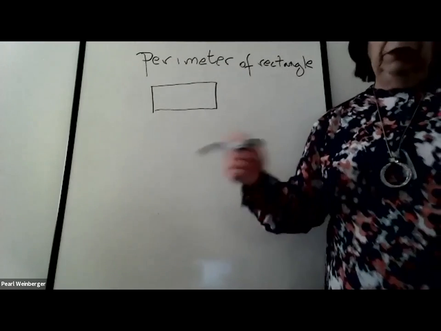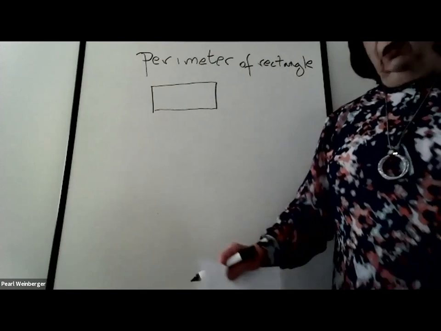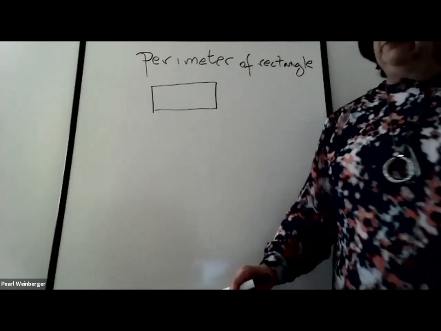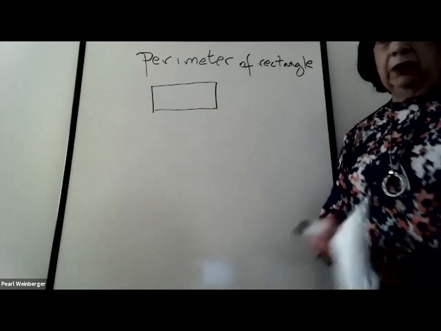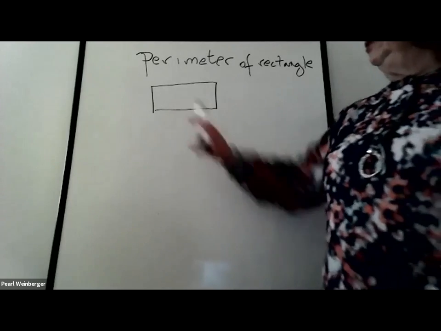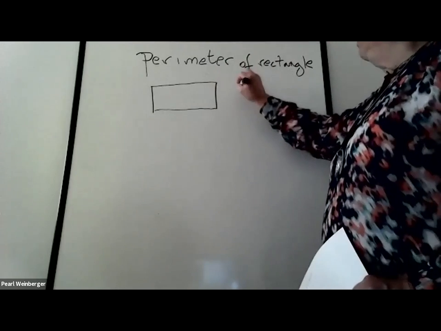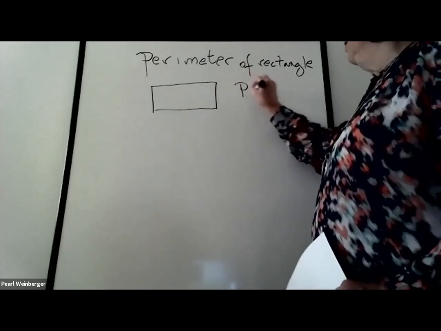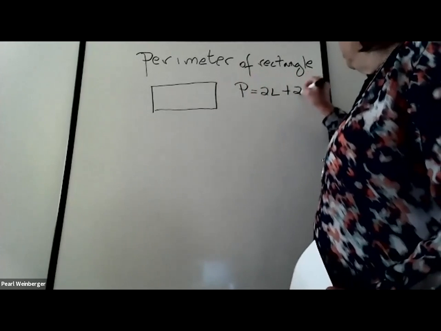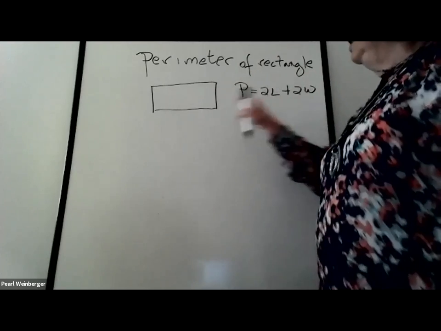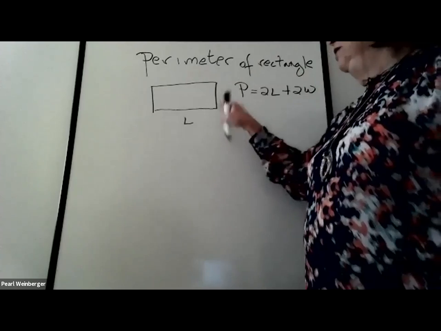That's what perimeter is about. A little later in the course, we'll talk about the area, which means if you wanted to put flooring on the bottom of your room, that would involve area. Today, we're just talking about perimeter. And the basic formula for the perimeter of a rectangle is P equals 2L plus 2W. L stands for the length. This is one length.